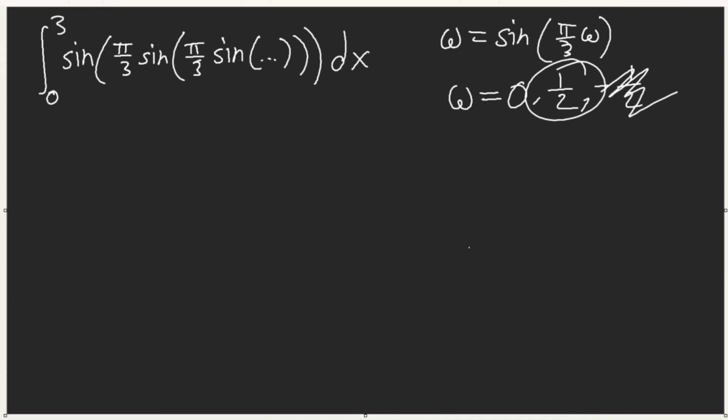So, in that case, the actual answer we have is from 0 to 3, we actually have 1/2 dx. Okay? You can't have 0, because if it's 0, then everything's 0. That's too sus.